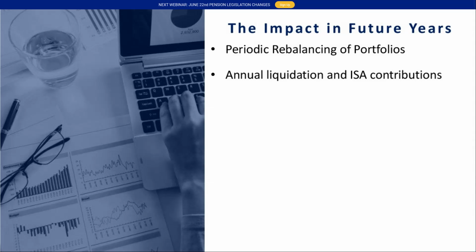So that would need to be scrutinized, and to save on capital gains tax, realizing or crystallizing a gain within that annual exempt amount will be key when you are doing that Bed and ISA on an annual basis.